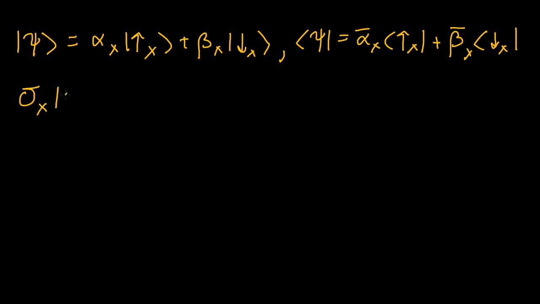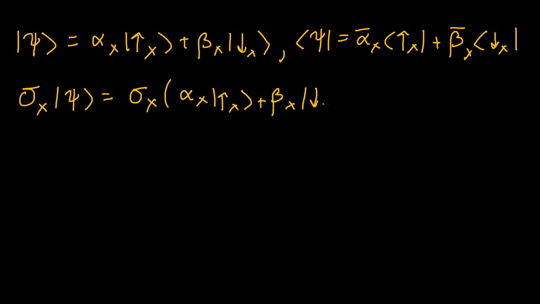Anyway, sigma sub x acting on psi, which we can write in terms of its components, can be easily calculated because sigma sub x is linear. So you can just act it on both of these vectors individually and then add them together. Now, when sigma sub x acts on the up state, it just leaves it the same, but when it acts on the down state, it negates it.